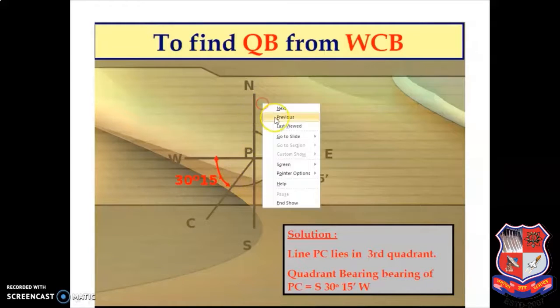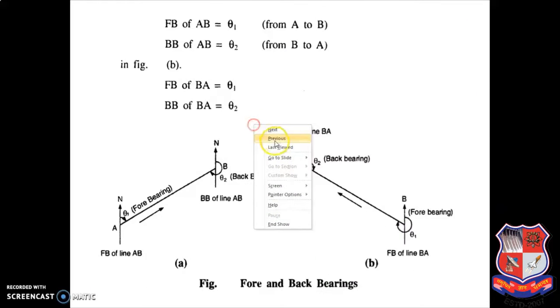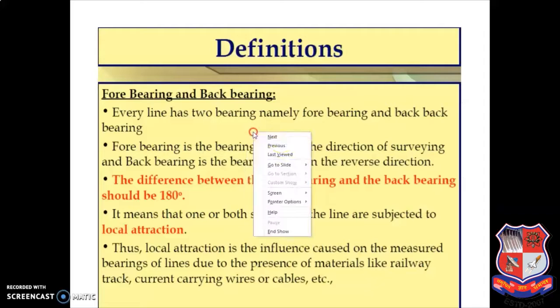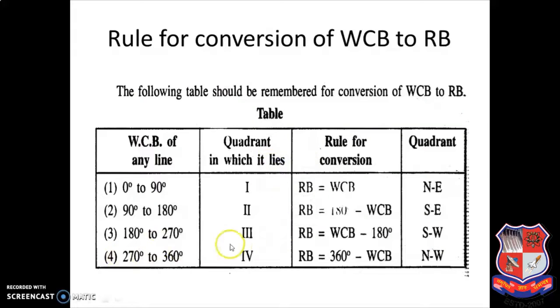So what is the rule of conversion? I will show you the rule of conversion. If it lies in the third quadrant, RB is equal to WCB minus 180. WCB is given to you, minus 180, you will get the RB value.